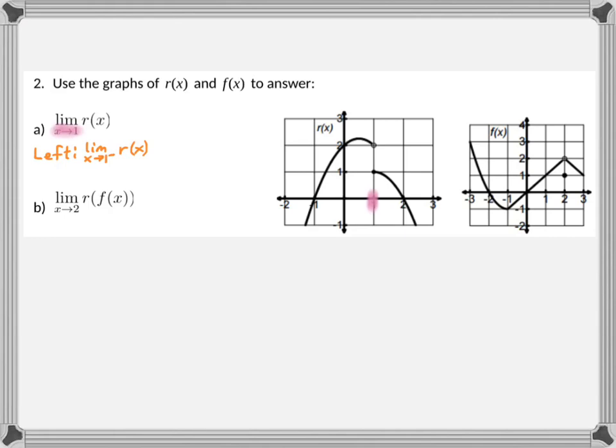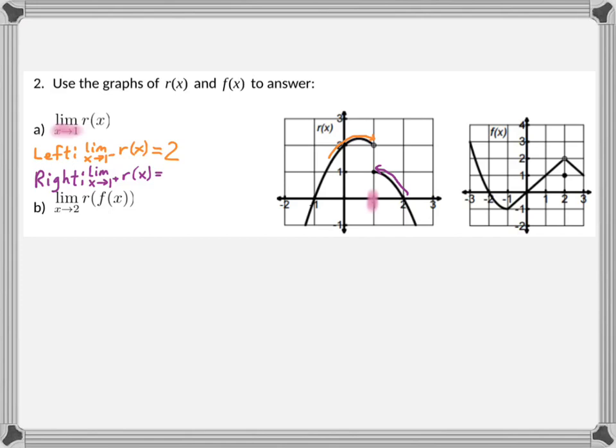As x approaches 1 from the left, we're coming from this direction. What y value is r of x approaching? 2. Even though there's an open circle there, the y value on r of x is getting arbitrarily close to the value 2, even if it doesn't actually reach it. What about from the right? Well, that would be coming in from this direction.